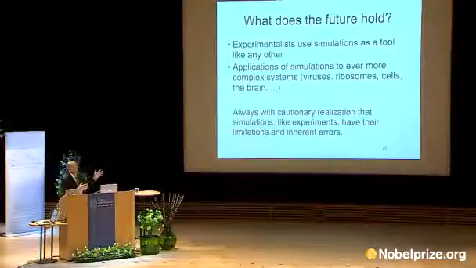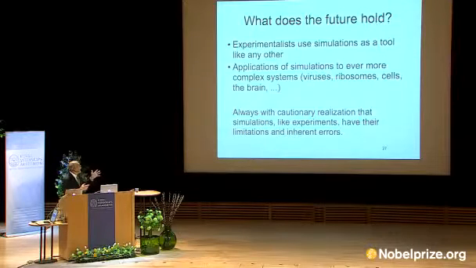In terms of actual simulations, people are going toward more complicated systems, simulating viruses, ribosomes, cells. If I were 30 years younger, I would be simulating the brain, but I'm not. And so this future, we hope we'll see. Some of it is already in progress.